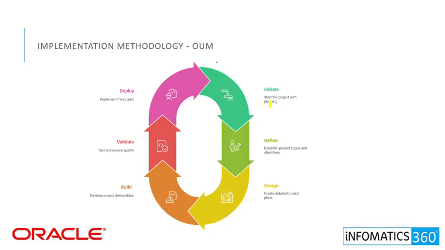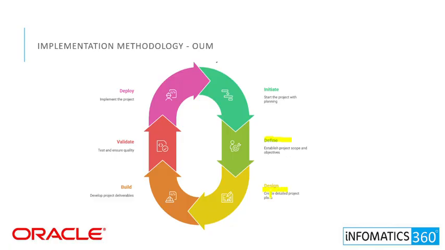In initiate, we begin with project planning and introductions, so everyone understands their roles and responsibilities. Next, in define, we work with the client to understand their business needs and set clear goals for the project.